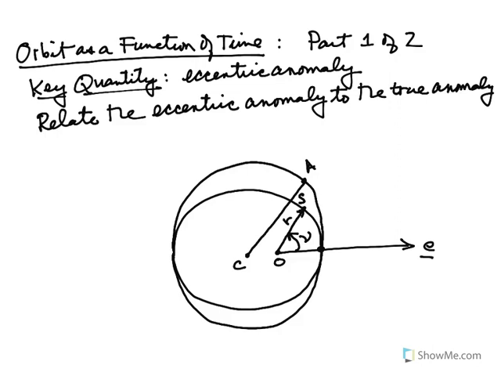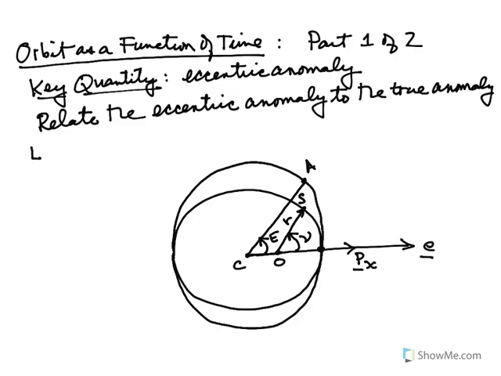Now, if you take the angle between the x-axis, and remember that the eccentricity vector lies along the direction px, where px is the first direction in the perifocal basis, the angle between the direction px and the line connecting C to A, or the vector from C to A, that angle is defined as the eccentric anomaly.